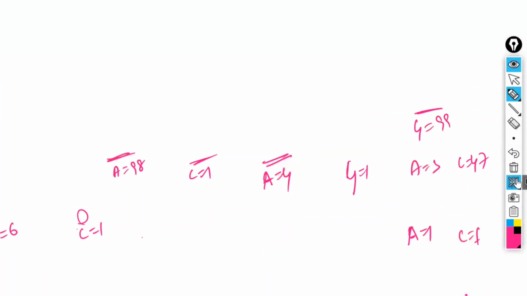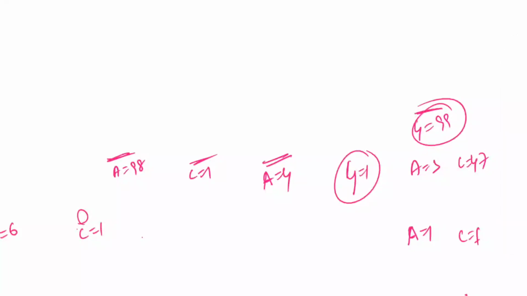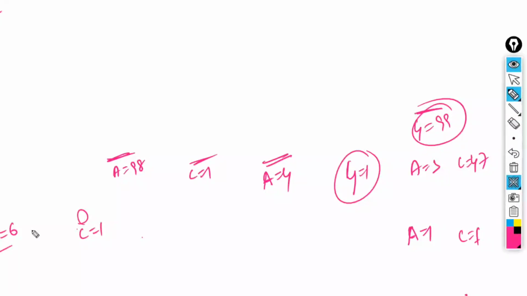Now if you do the calculation, wherever G is there, it is 99 and 1, a total of 100 records. Similarly, A is 6, 98, 4, 3, 1, that is 104, 108, 111 and 112.